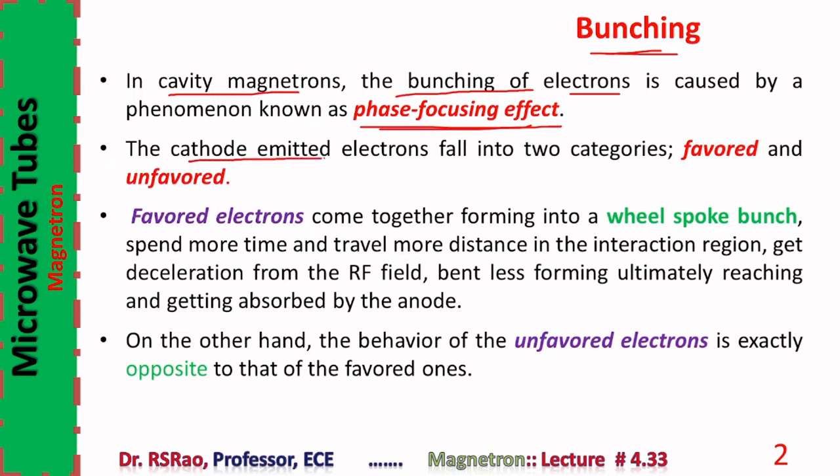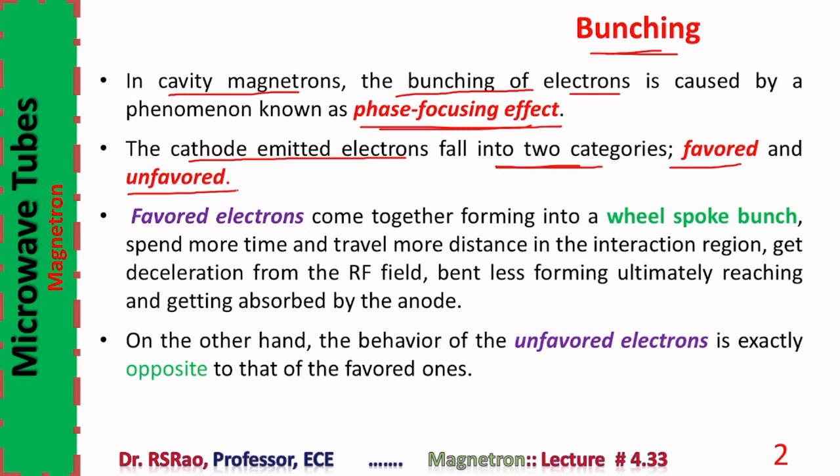The cathode emitted electrons can be divided into two categories: favored and unfavored. Why are favored electrons called favored? Why are unfavored electrons called unfavored? The reason is, favored electrons are called favored because they participate in energy transfer from DC electric field to rotating RF field.